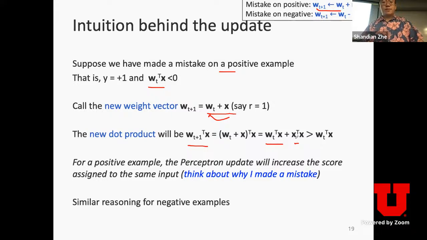So that means after our perceptron update, the score of the model is bigger than the score of the previous model.